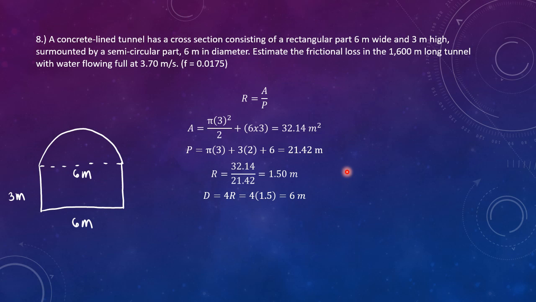Now, using the Darcy-Weisbach formula, we can solve for the frictional head loss hf. Substituting, our f from the problem is 0.0175, the length is 1,600 meters, the diameter is 6 meters, which we just computed, the velocity is 3.7 meters per second, and g is of course 9.81 meters per second squared.